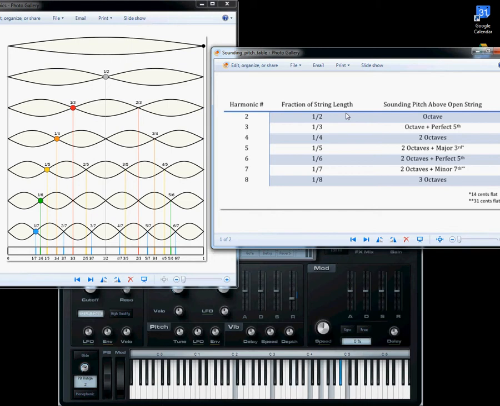And the last one is the octave, 3 octaves. So you can start to see that towards the top of the harmonic structure is where we start getting the actual chords built.